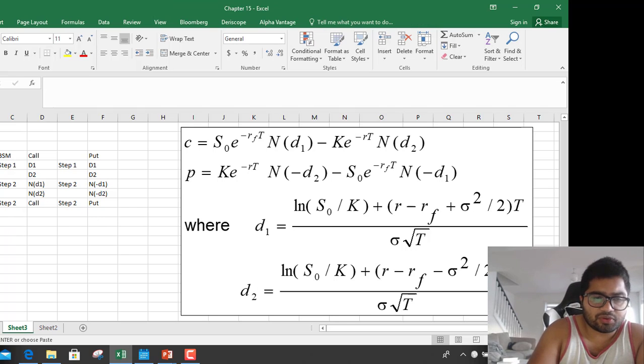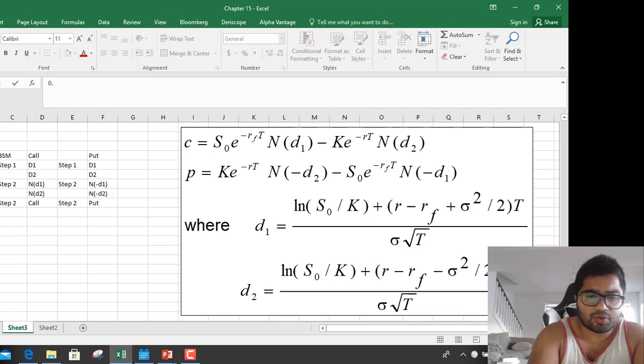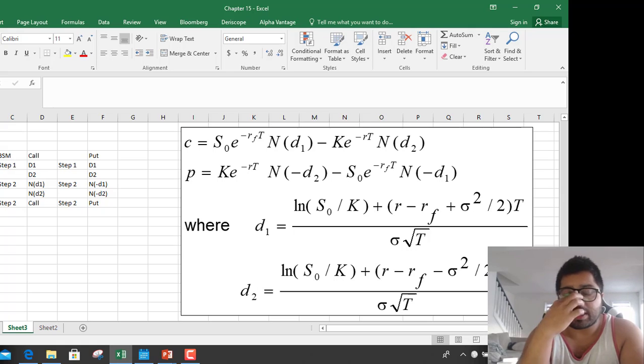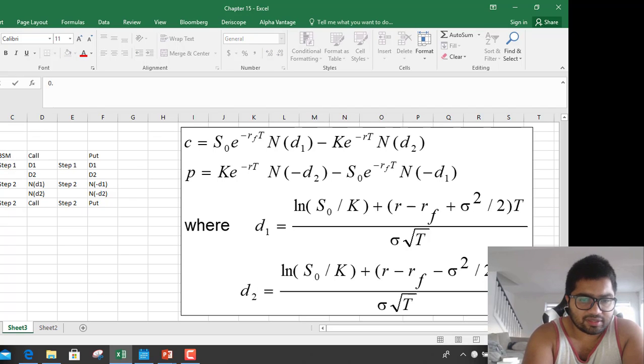So let's do it. A few details are given to you. The current exchange rate is 0.7, so 1 Canadian dollar is 0.7 US dollars. Then the exercise price is, let's say, 0.71.